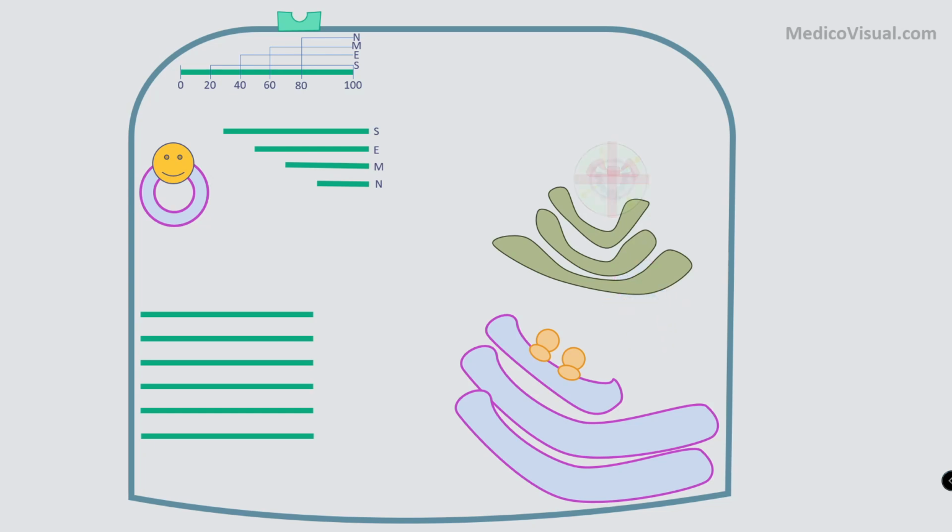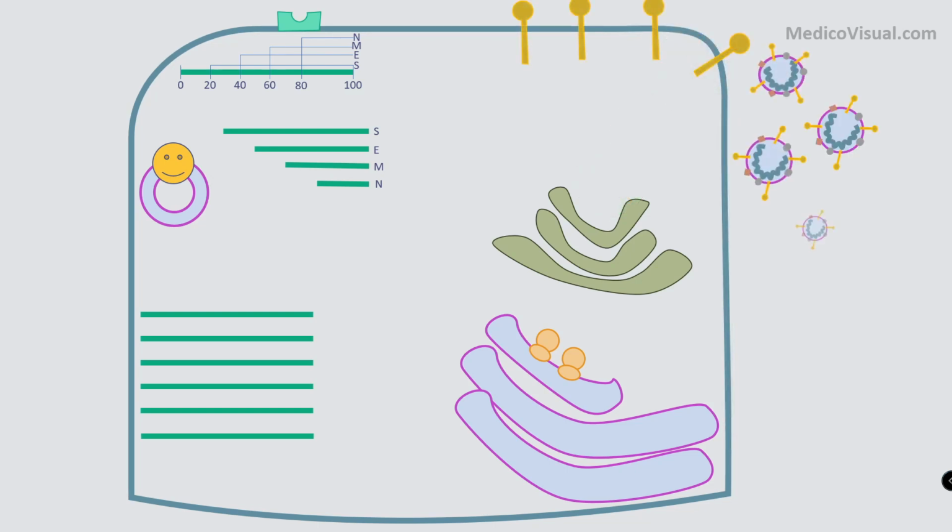This vesicle will go and fuse with the Golgi apparatus, and then the Golgi apparatus will pack them into special vesicles. It will think the cell has created some beautiful proteins, so it will pack them into special gift packs called vesicles. These vesicles will be exported out of the cell by exocytosis. So these deadly gifts will be exported out by exocytosis.